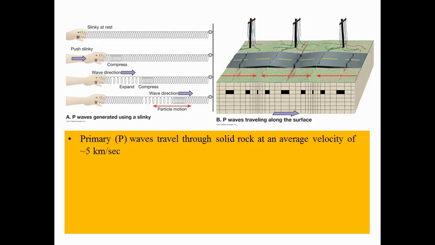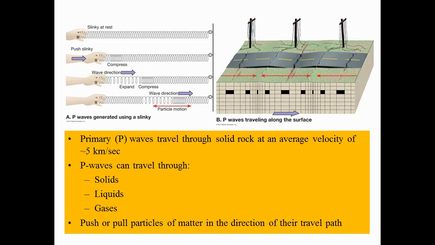So this is just kind of an average velocity. Now, P waves not only travel through solids, but can also travel through liquids and even gases.